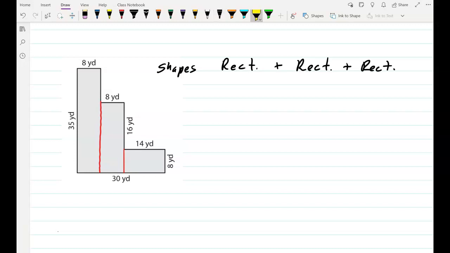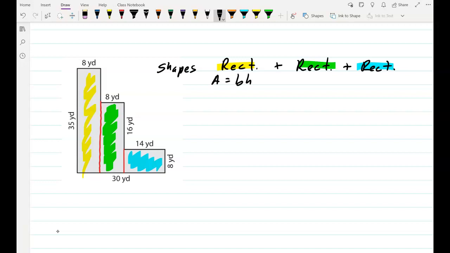Okay, so the yellow one, the green one, and the blue one. Let's find the area of each of them. Remember, the area of a rectangle is base times height.